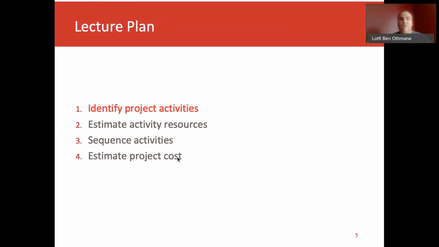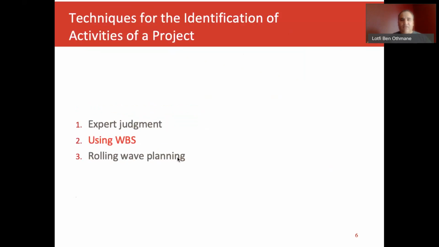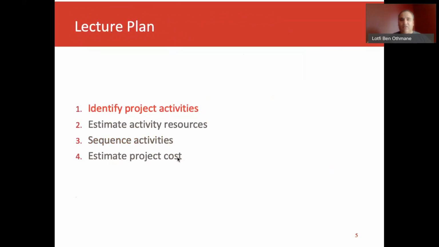The third is on sequencing of activities. And the last one is about project management tools, estimation, project cost, and some information related to project estimation and cost estimation. The fifth one is on advances in software estimation.